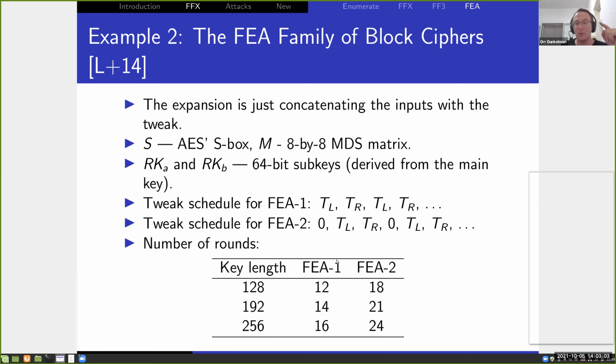For Phi2, they use something slightly different, which looks kind of weird: 0, tweak left, tweak right; 0, tweak left, tweak right. Actually, it's surprising, but this looks weird, yet it makes the cipher immune to some of the attacks I'm going to discuss a bit later. So something that looks completely weird actually makes the cipher significantly stronger.